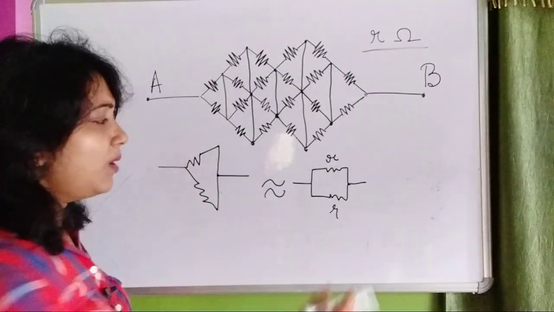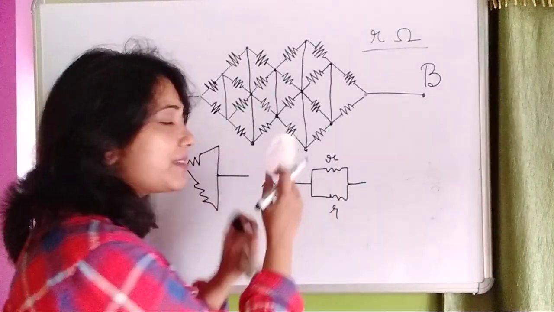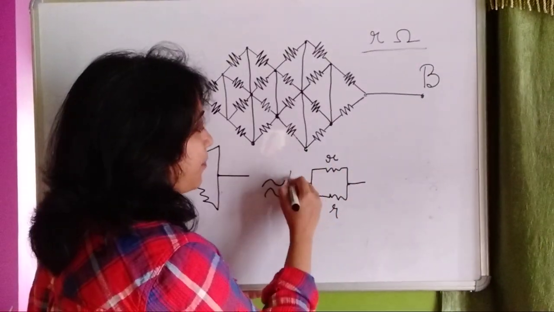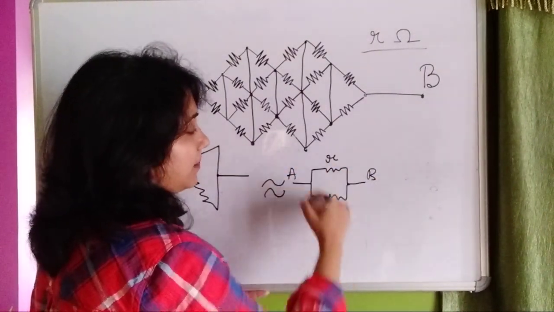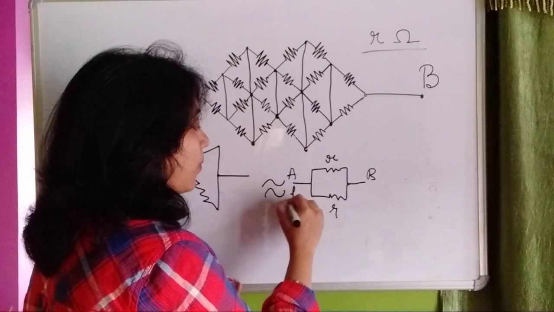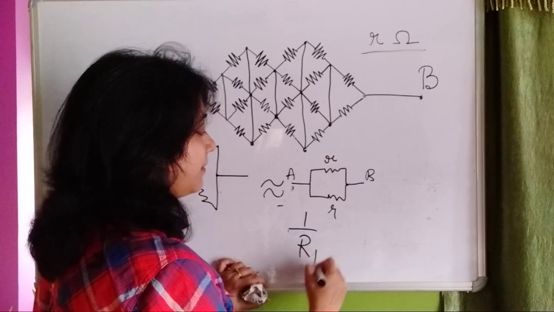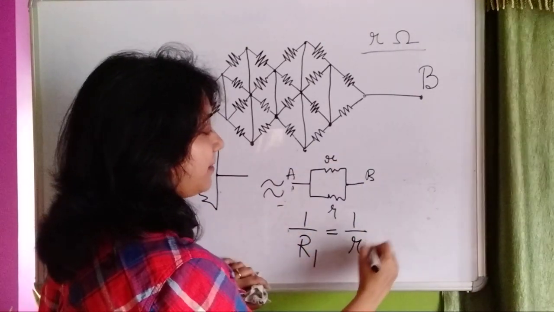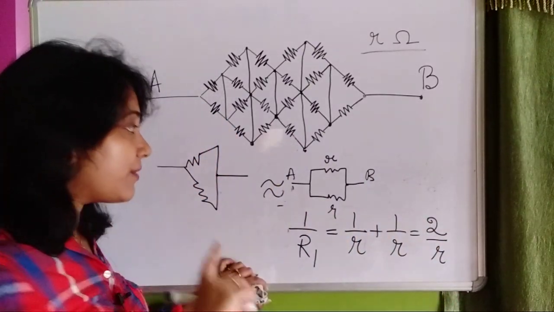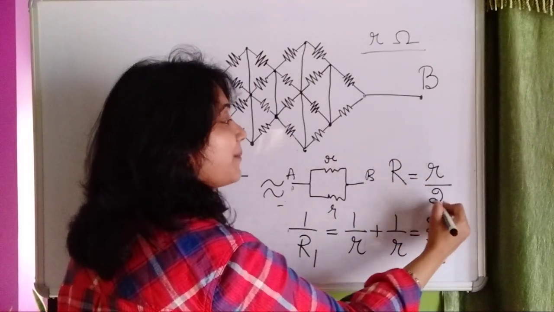Reminding all of you, this is a very preliminary thing: how do we find the equivalent resistance across, say, this point A and B. If the equivalent resistance is, say, R1, what can we write? Let me write it really carefully: 1 by R1 will be equal to 1 by R plus 1 by R, which means 2 by R. And hence, the equivalent resistance across A and B, which is R1, is equal to R by 2.